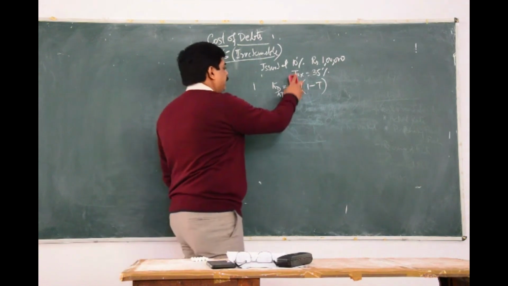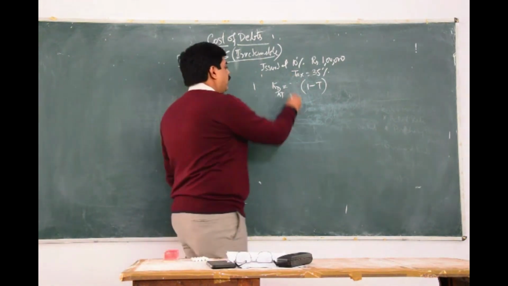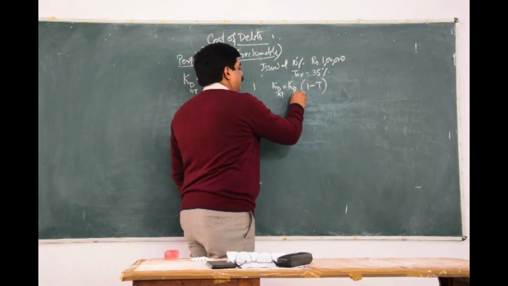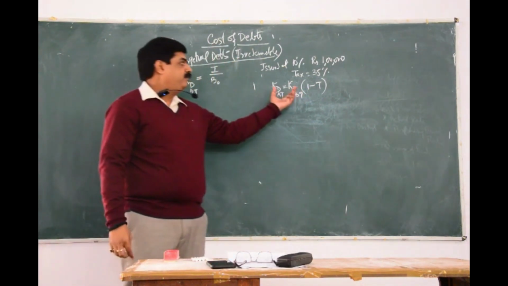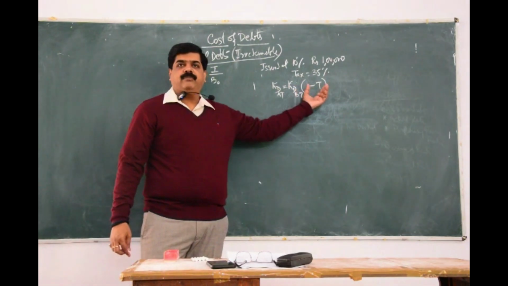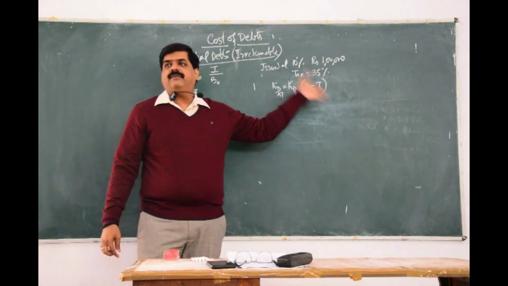You can write it as I or KD before tax. Then whatever before-tax cost you have calculated, multiplying by (1 minus t) will give you the after-tax cost.